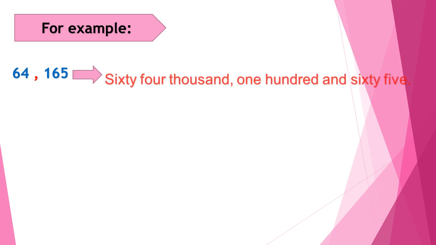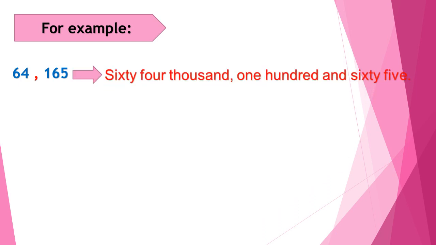For example, we have here a 5-digit number. To write this number in words, we will put a comma after 3 digits from the right. Then we have two families, thousands family, ones family. To read any number, we start from the left and we read the number with its place. Then this number is 64,165.